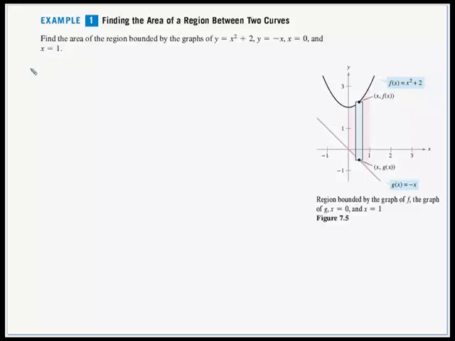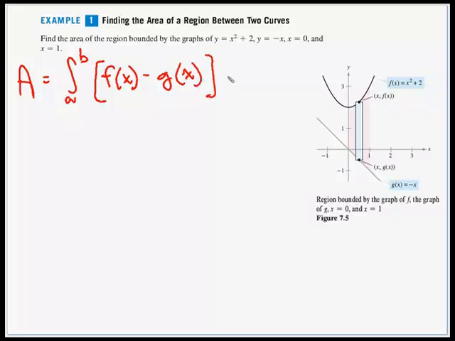And let's make this official. I'll even go right by the formula. We were going from a to b of the function f of x minus g of x integrated with respect to x, delta x, or dx. So from this problem, our definite integral is going to be from 0 to 1. x is 0 to x is 1.